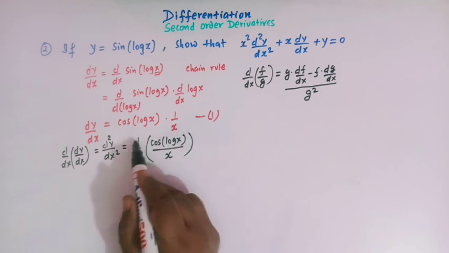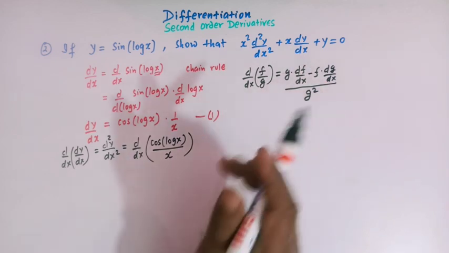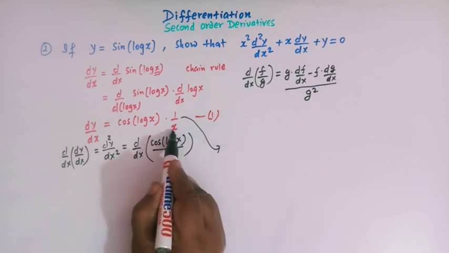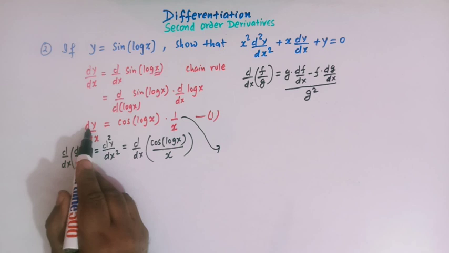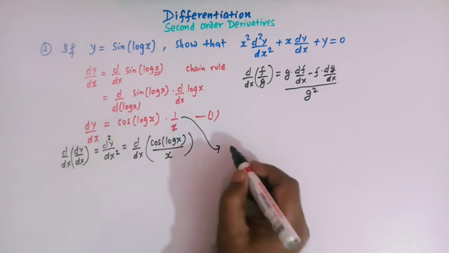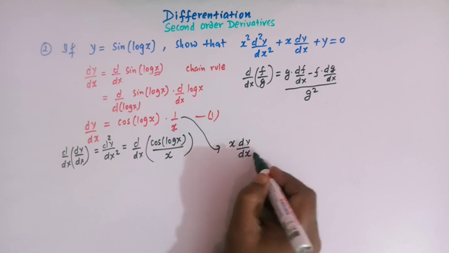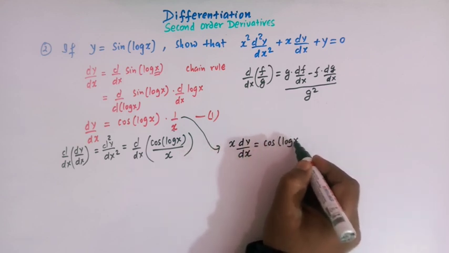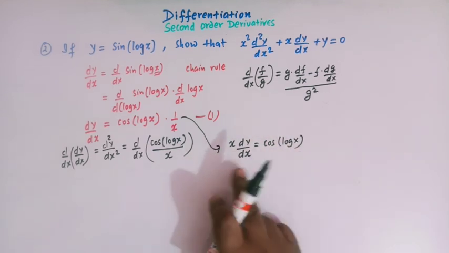And provided g is not equal to 0, right? But here we'll avoid this method, right? So what we will do, directly from this result we can take this x to this side, right? So if we multiply dy over dx by x, see what we get. We'll get x times dy over dx is equal to cos of log x, right? And now we'll take the derivative of both sides, right?